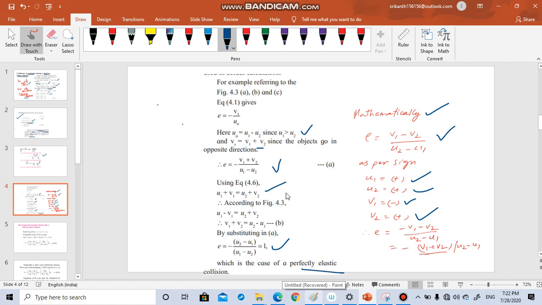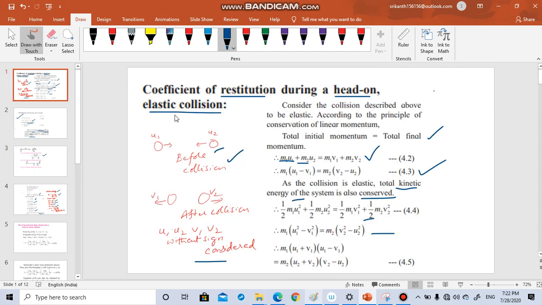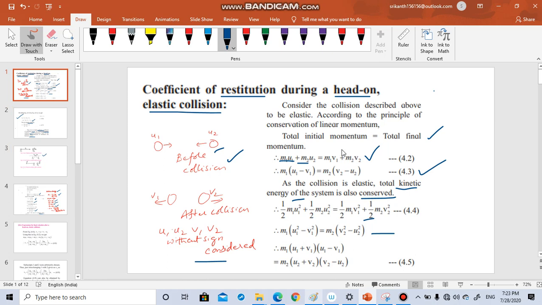This is what we started the derivation with, elastic collision. So this we have proved mathematically now, taking two conditions. Condition 1 was total initial momentum is equal to total final momentum, and condition 2 was total kinetic energy is constant before and after.